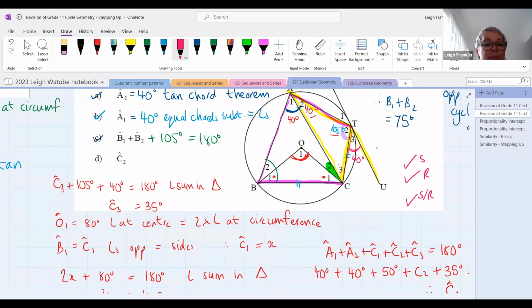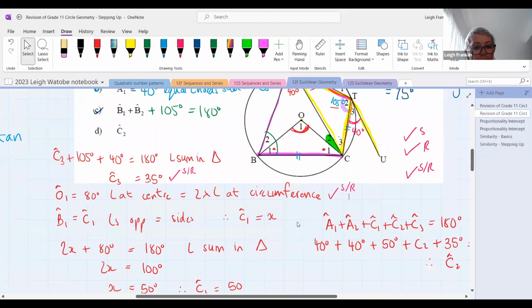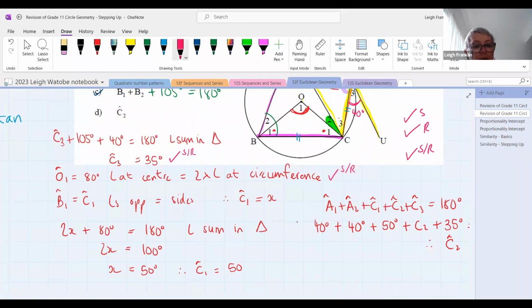Okay, so with something like this, with C3, it's probably a statement reason. So statement reason. Something like this would probably also be statement reason. Then over here, there would probably also be statement reason for that.